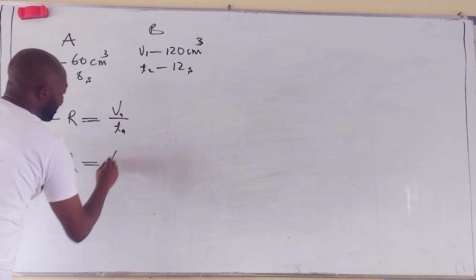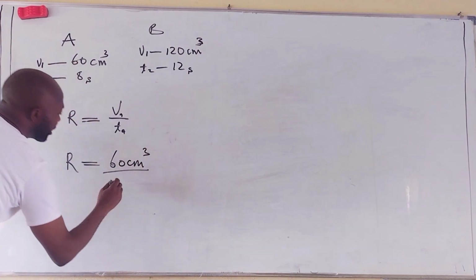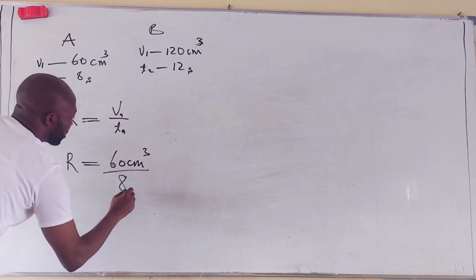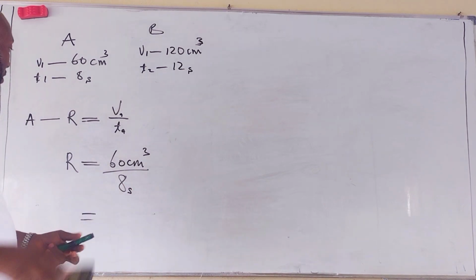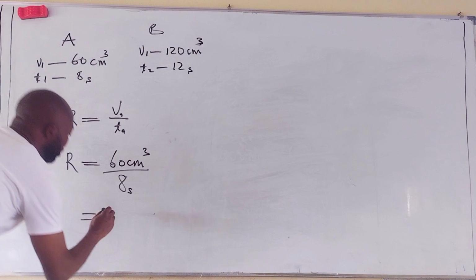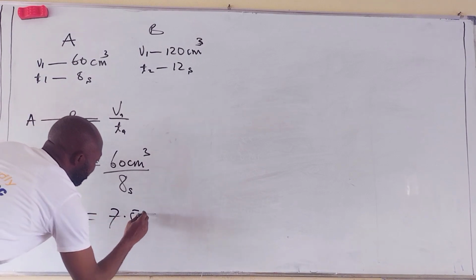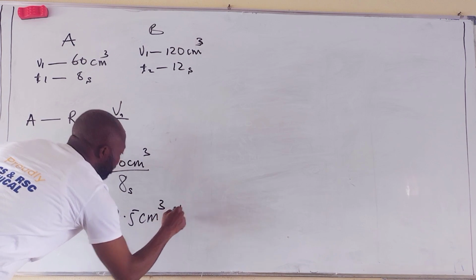The volume is 60 cm cube, the time is 8 seconds. So this is 60 over 8, which is 7.5 cm cube per second.